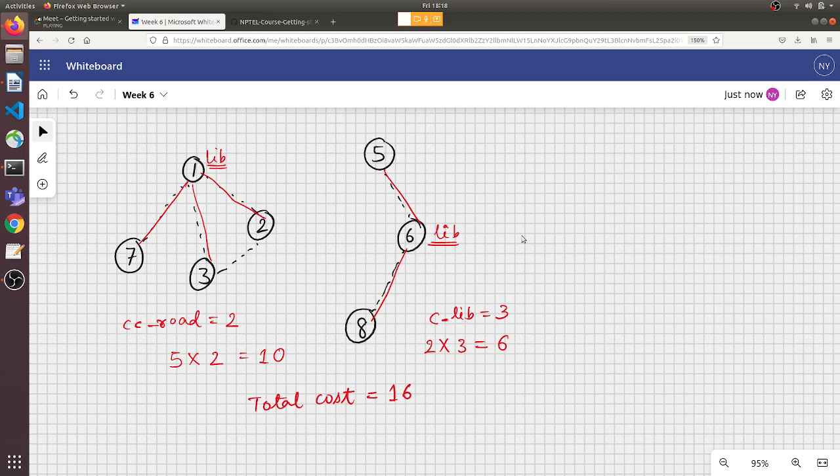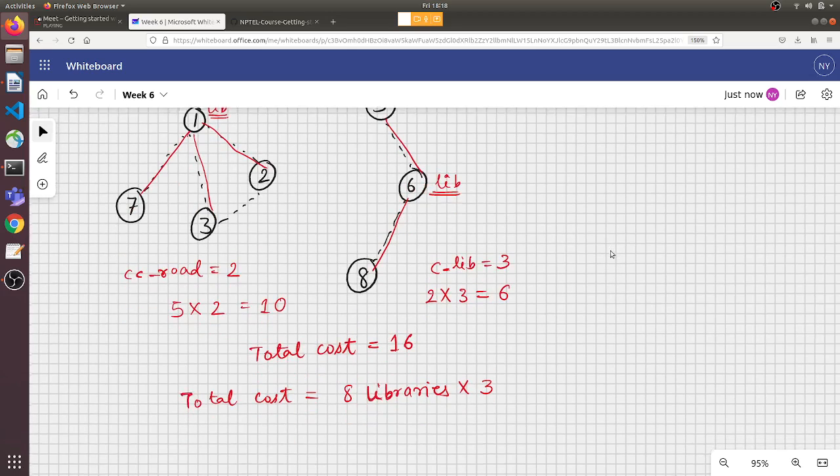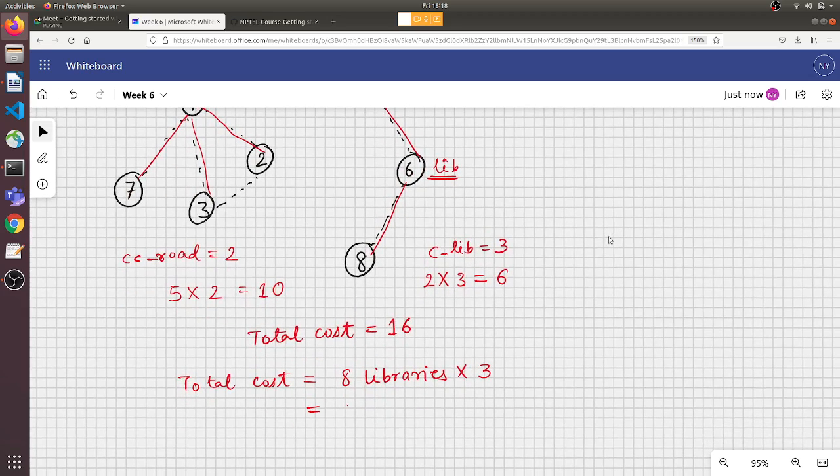But if we do that here, then the total cost will be 8 libraries times the cost of constructing each library, which is 3, which is 24, which is more than 16. So that is not optimal here.